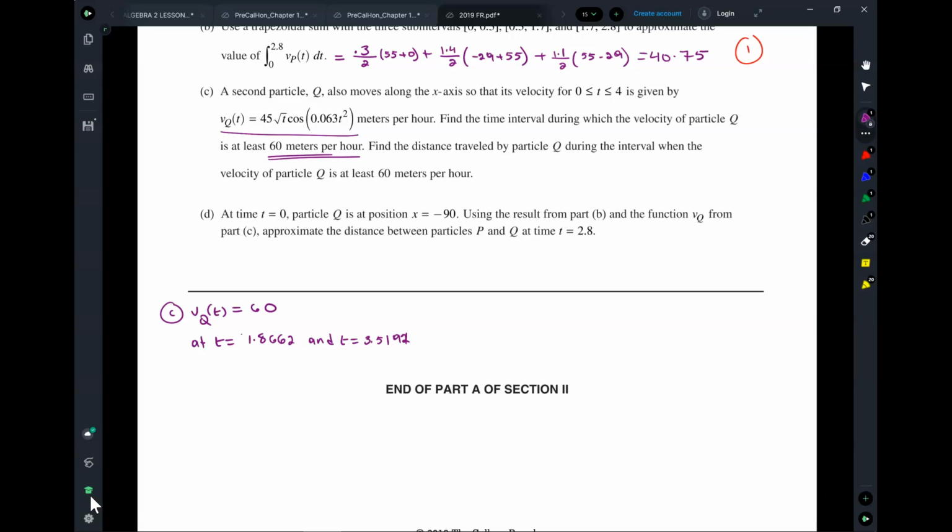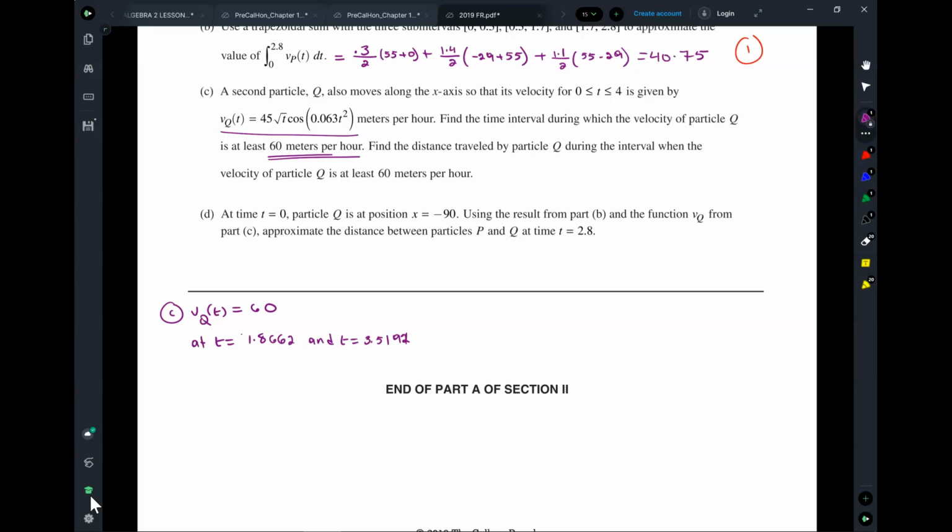Okay, and I think I watched a webinar or a video of the AP board solving this, and I put a note here that students got no points if they only put 2 decimal places for this.